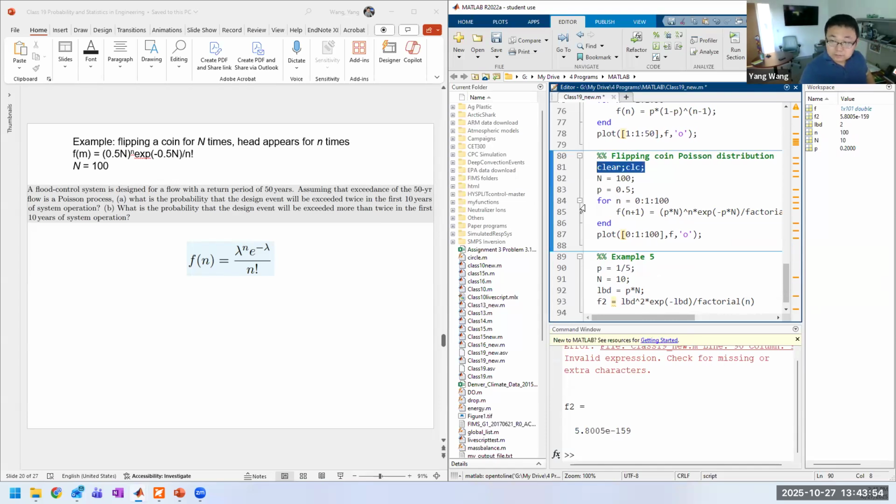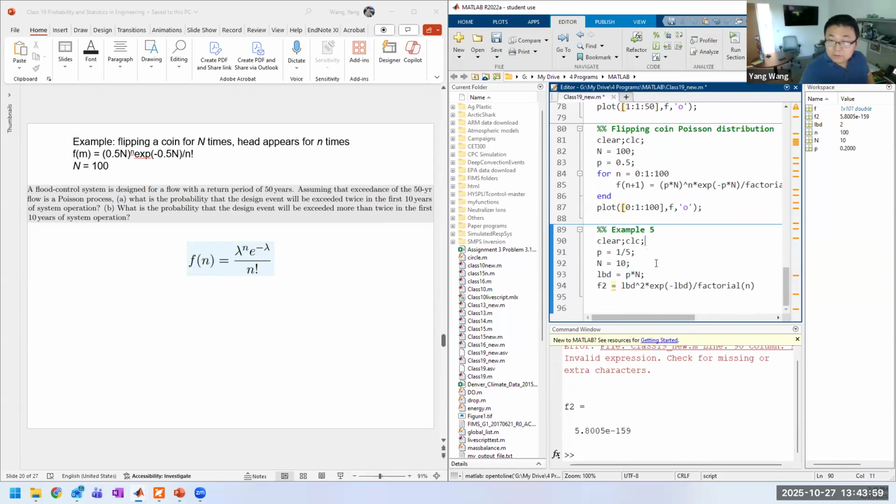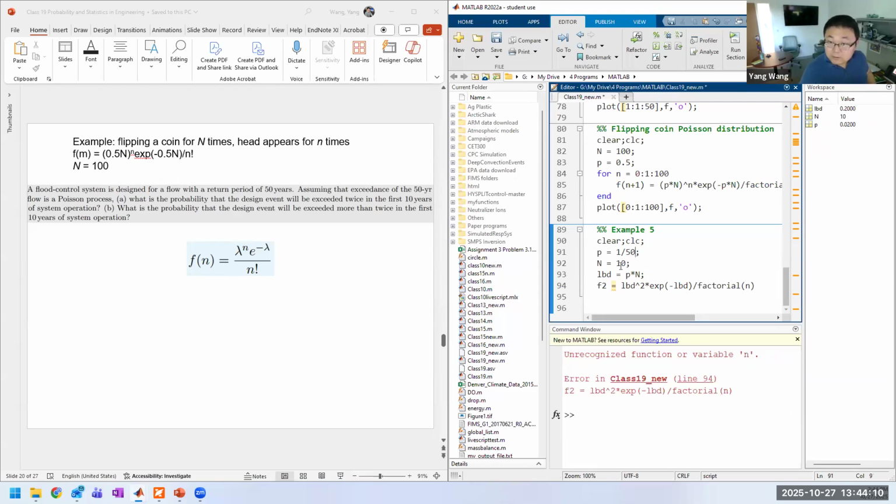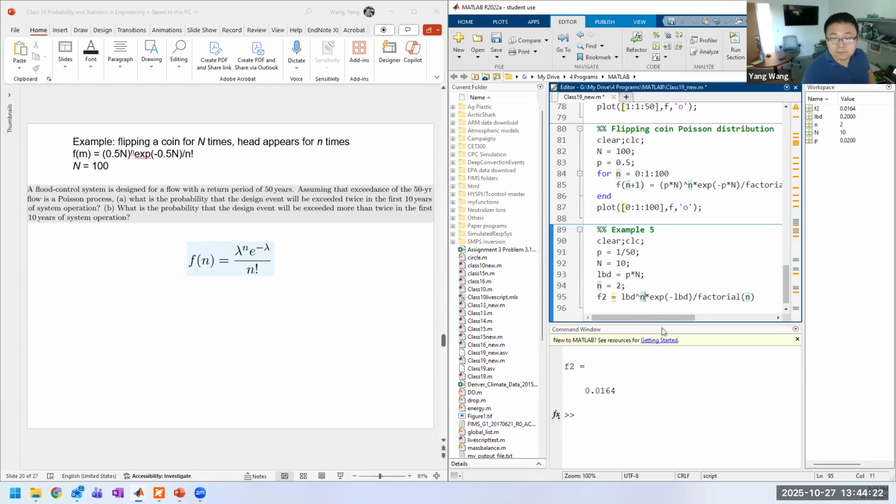Let's clear all of the memories. So lambda is P multiplied by N. P is 1 over 50, and N is 10 years.